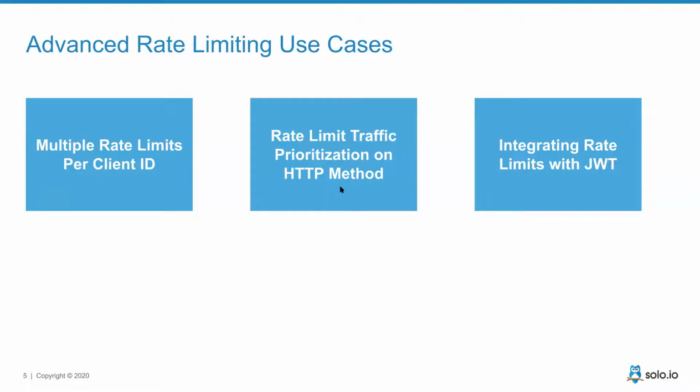Second, we're going to look at limiting based on HTTP methods in addition to client ID, and this is related to a use case we hear often called load shedding. And third, we're going to look at how we can integrate rate limiting with things like the JWT filter to more securely enforce limits on, in this case, headers, which are derived from claims in a JWT. We'll get into that a little bit later.